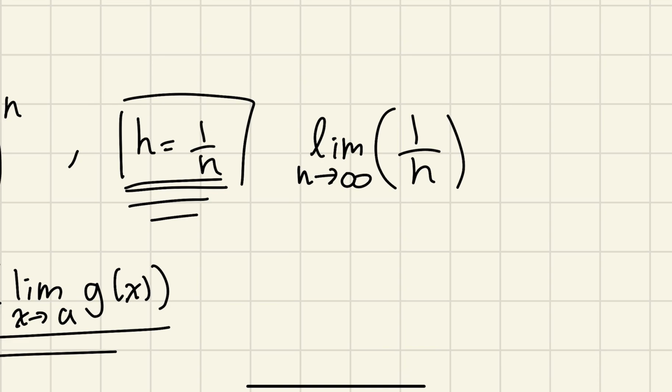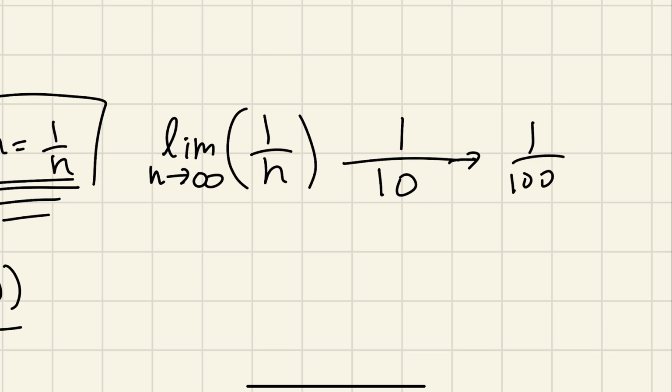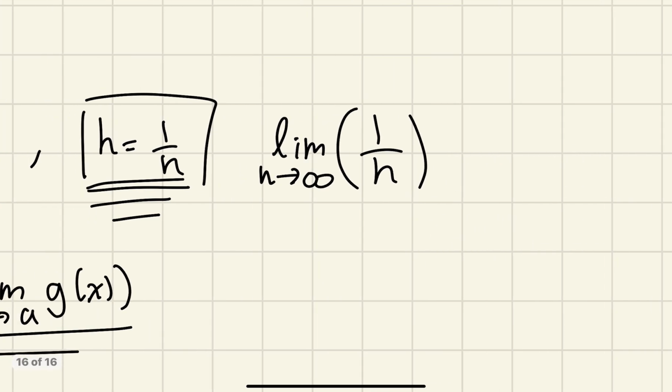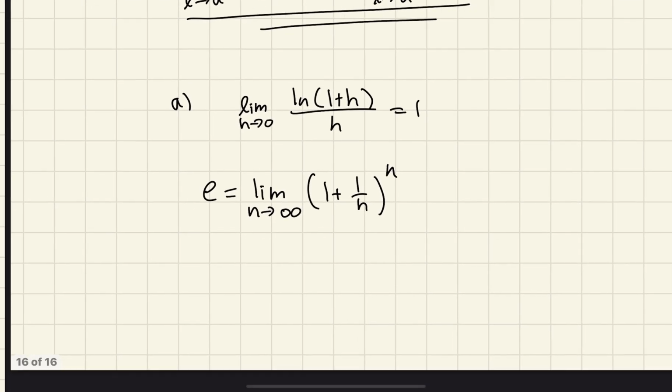It approaches 0, right? Let's say it starts at 1 over 10, goes to 1 over 100, and it keeps getting smaller and smaller until it approaches 0. So we know that the limit as n approaches infinity, we can substitute h, is the same as saying as h approaches 0, right? These two are the same statement.